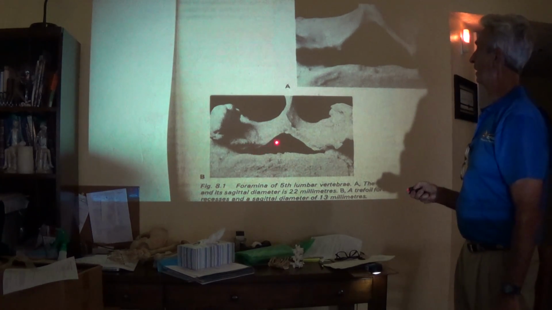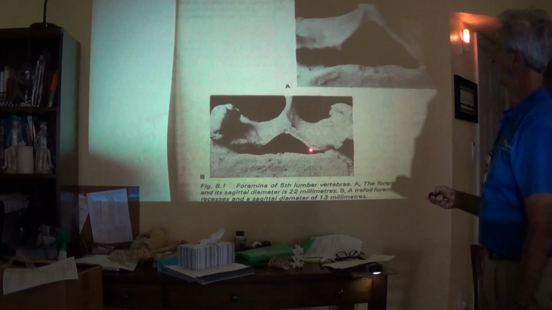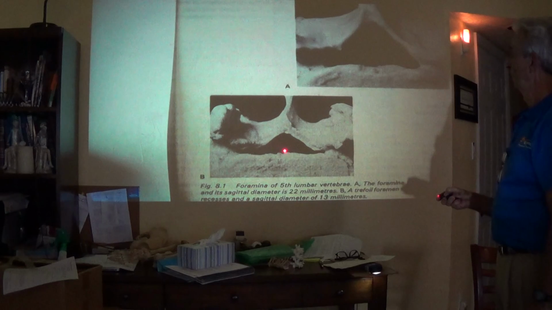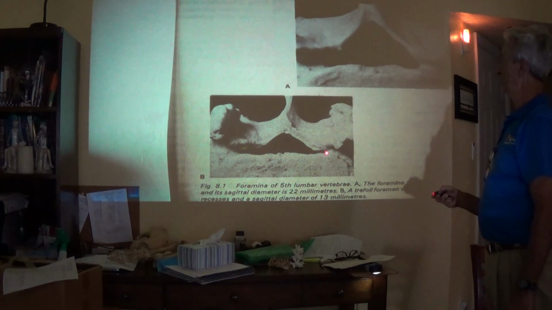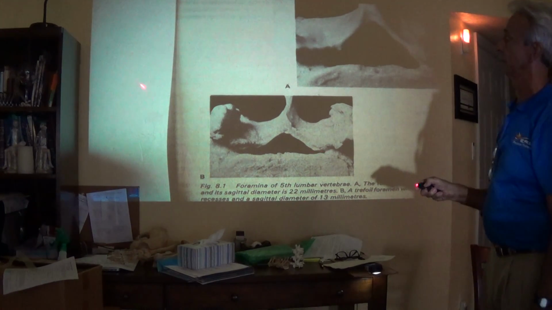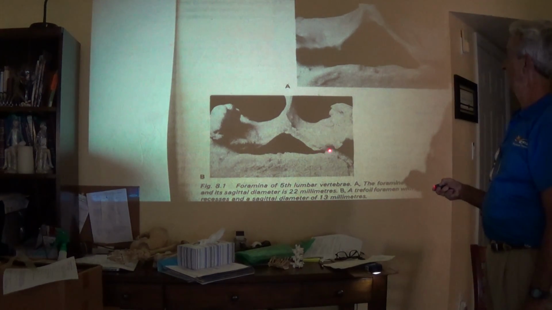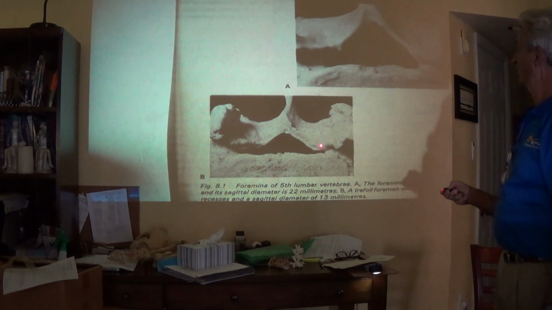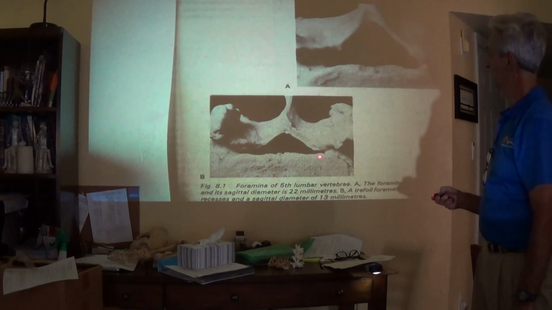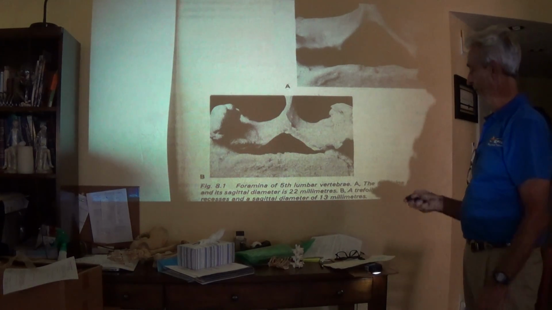And as the bony deposit starts developing here in the laminar area and in the discal area, you have a narrowing of this canal, and this particular specimen here shows almost an amputation of this nerve root, because as you saw with the neural structures, that nerve root has come right underneath this pedicle here and out through this gutter. And as this builds up bone, it certainly creates problems for that nerve root, and then overall problems for the whole cauda equina here.